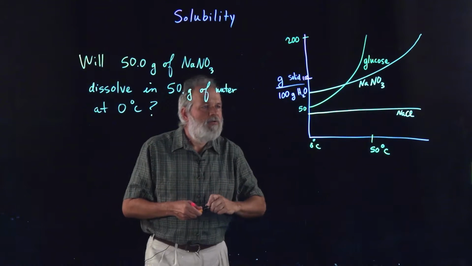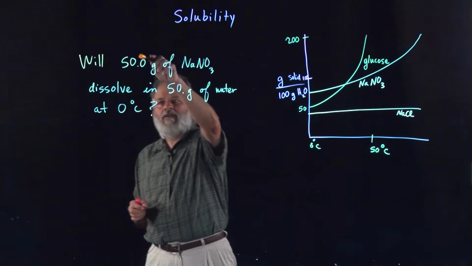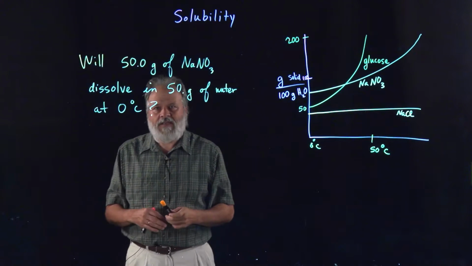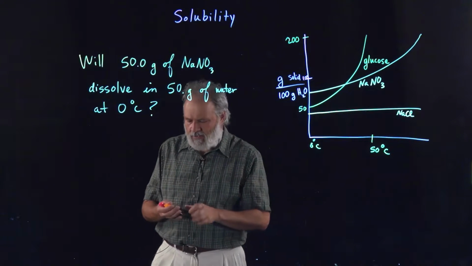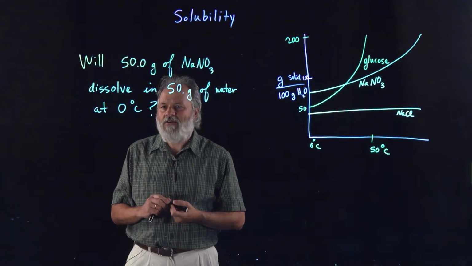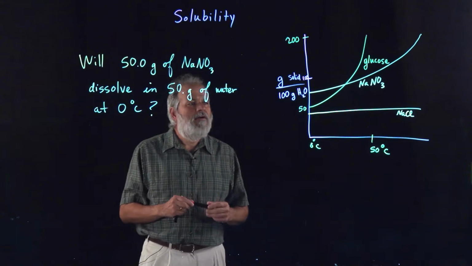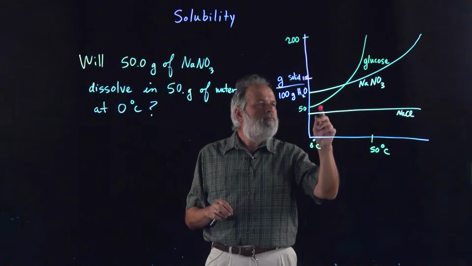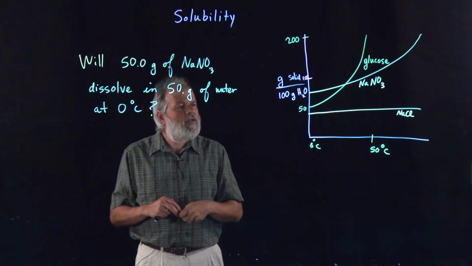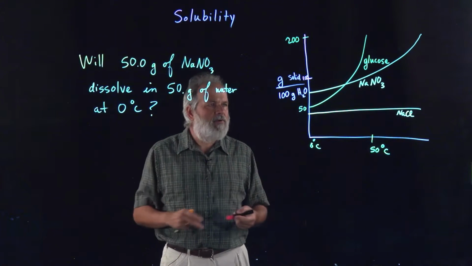Okay, so we just look at our chart, and first of all we have to figure out, well, if 50 grams dissolves in 50 grams of water, then if we have 100 grams of water, then more will have to be dissolved. It has to be 100 grams. And so we look at our chart and we say, is this number actually above or below 100 grams per 100 grams?